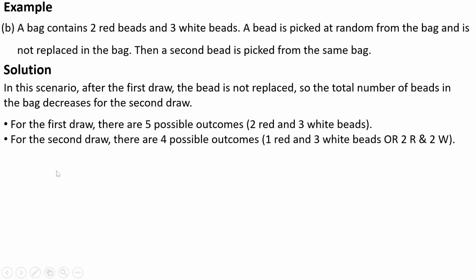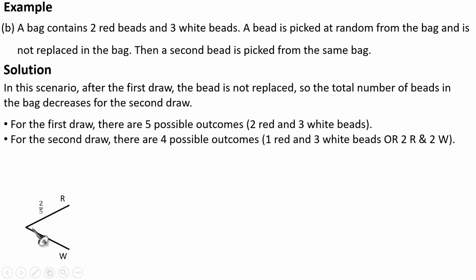Okay. So this information can be represented on a tree diagram as shown. For the first event, or the first picking, the bead can either be red or white, because we have red and white beads in the bag. So when you pick, we expect that you can either pick the red bead or the white bead.